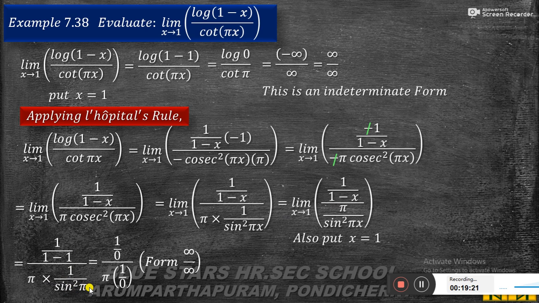In the next step, 1 minus 1 is 0, so 1 by 0 by pi into 1 by 0. 1 by 0 is infinity, so the numerator value is infinity, and the denominator value is also infinity, so infinity by infinity. Again we get the indeterminate form. When we get the indeterminate form, we apply the L'Hopital rule. Second time we get the indeterminate form, so we apply the L'Hopital rule.